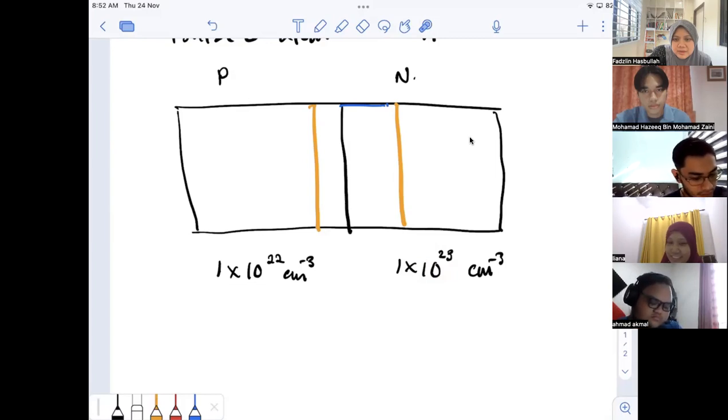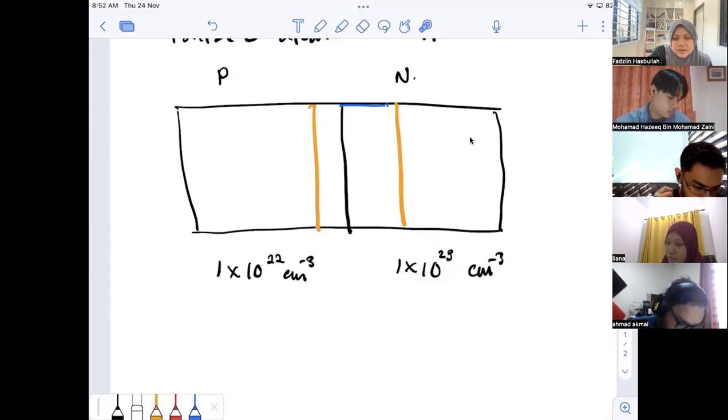The depletion region is the lack of free carriers. Yes, this region lacks free carriers. The holes move to the N and the electrons move to the P.